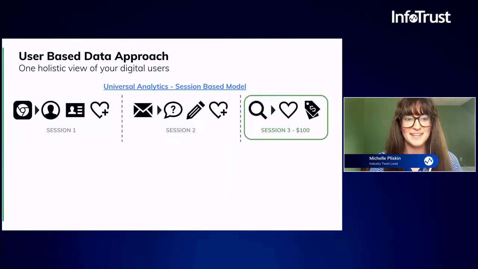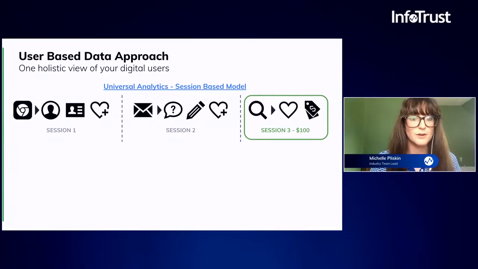So next slide. Another thing that is really cool with GA4 is that we're changing to a user-based data collection approach. So in the Universal Analytics model, you essentially have your sessions that drive conversion being considered higher value, right?